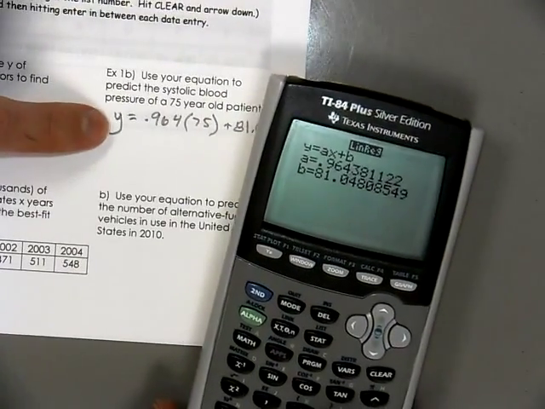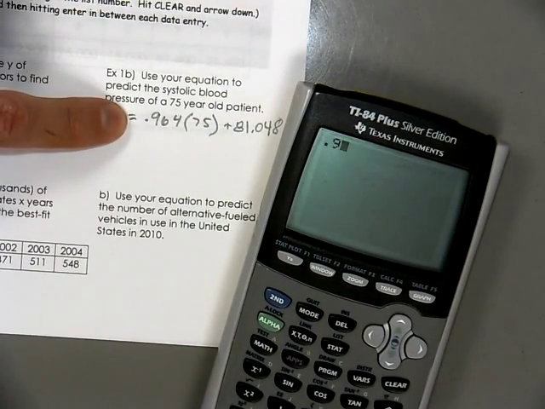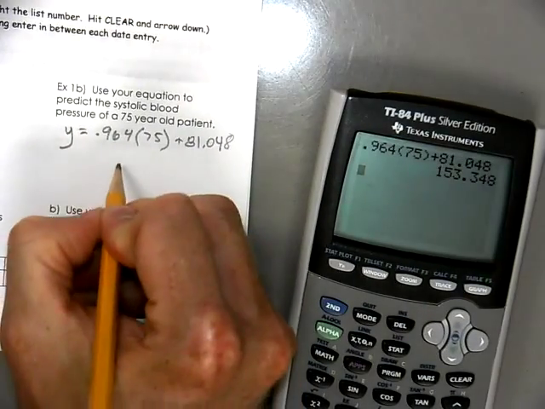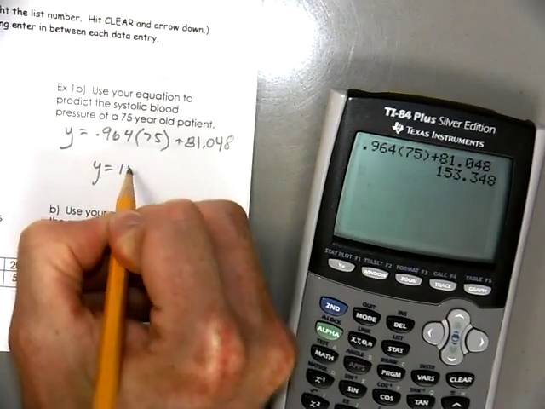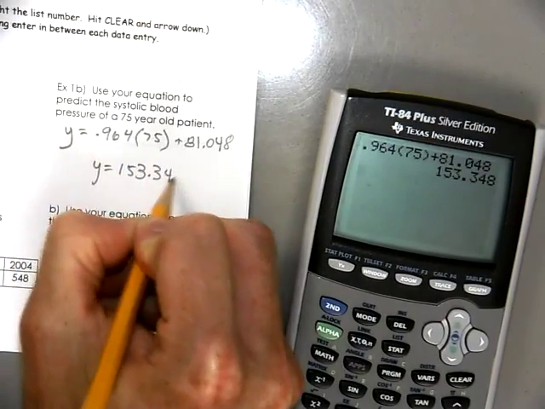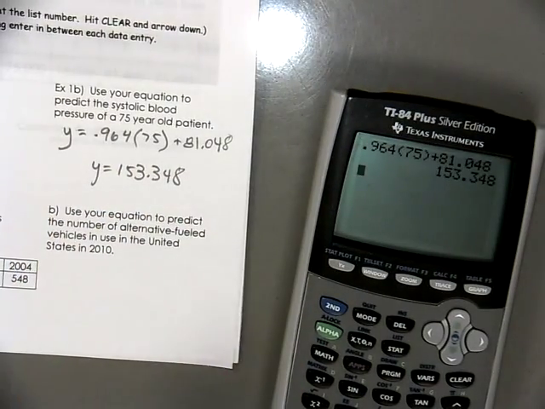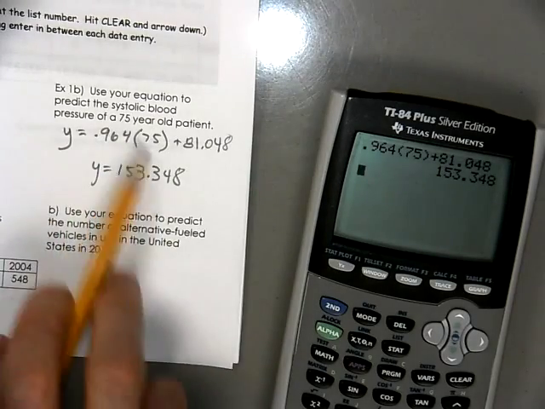Okay, this would be one way to do it. It's a bit of an approximation because we're rounding all those numbers. So that would be the blood pressure of a 75-year-old.